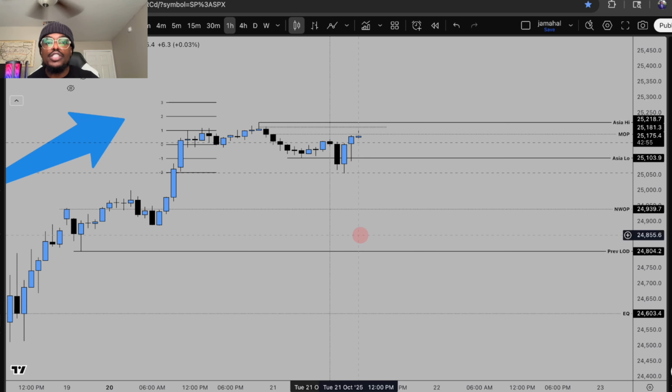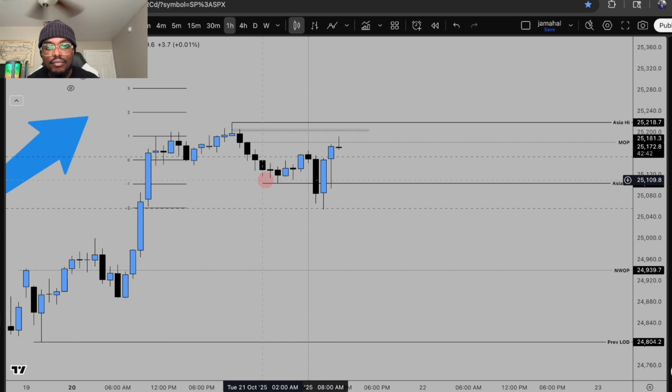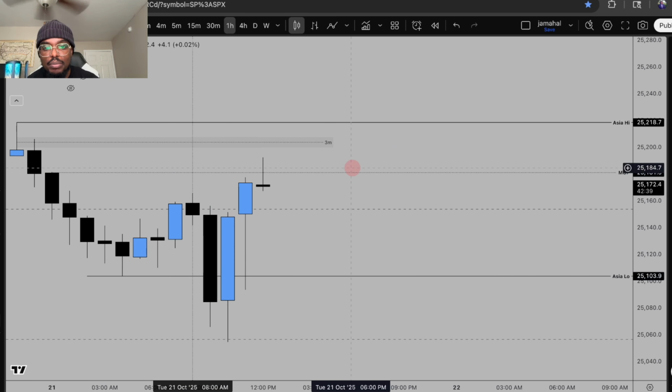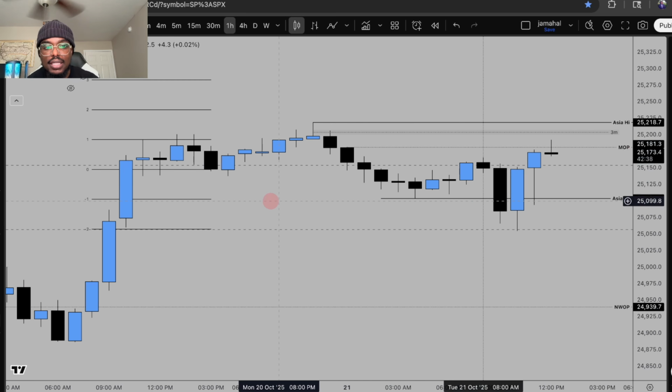The reason why I wanted to introduce this on this channel at this time is because this was very important and key to my entry today in the NASDAQ market. If we zoom in a little bit here, we can see that this candle right here is the 2 p.m. candle, and this candle to the right is the 8 p.m. candle.